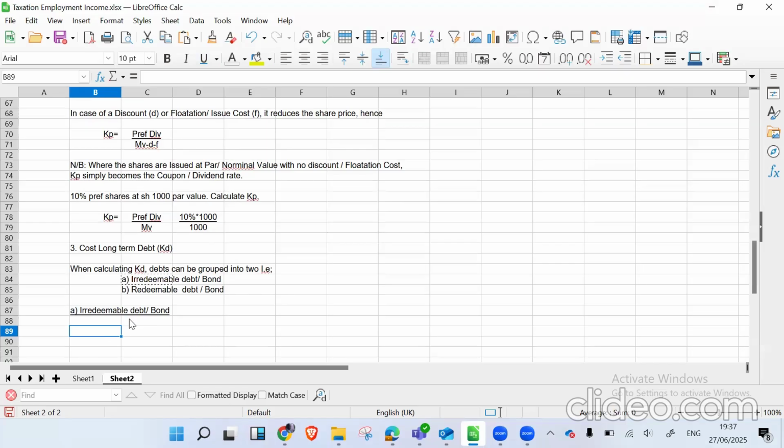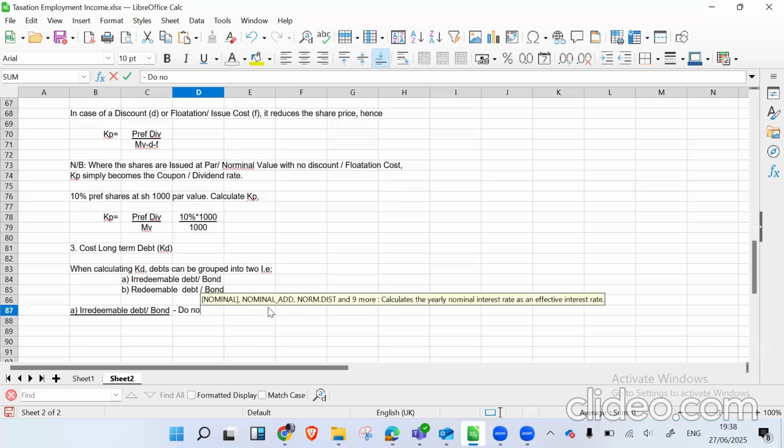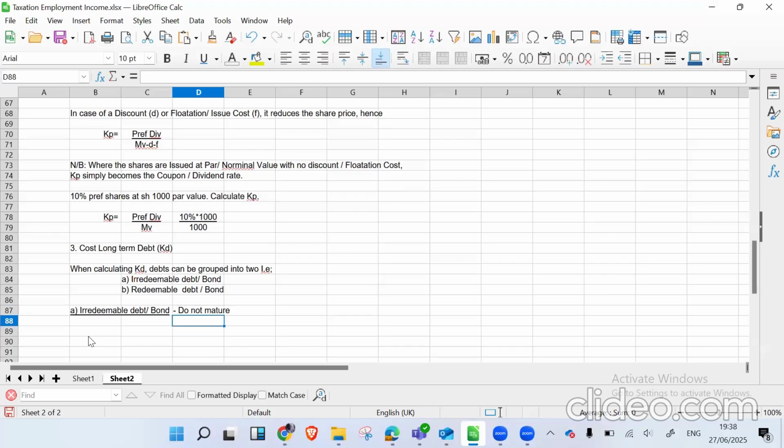So something that is irredeemable is something that is not refundable. So irredeemable bonds, they don't mature. They do not mature. So they'll be there forever.